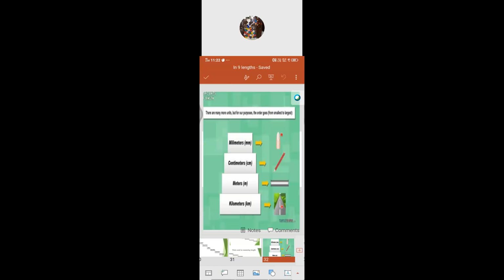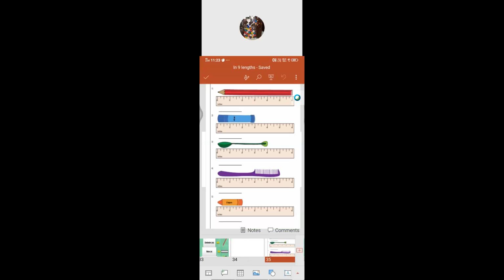Then kilometers, km. For measuring smaller lengths, what unit do we use? To measure smaller lengths, we use centimeters.